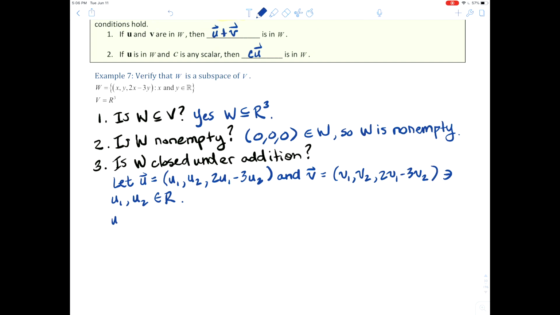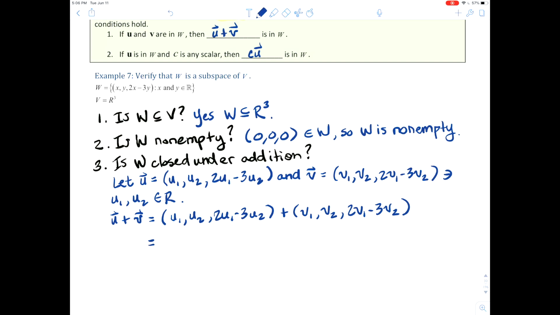So U plus V equals, putting it in component form, we have U1, U2, comma, 2U1 minus 3U2 plus V1, comma, V2, comma, 2V1 minus 3V2.